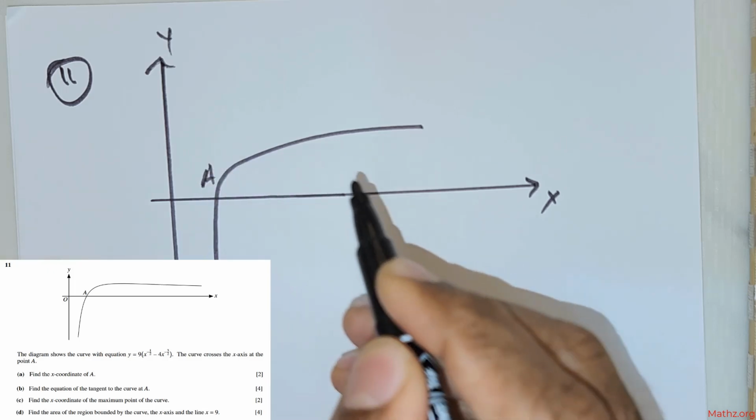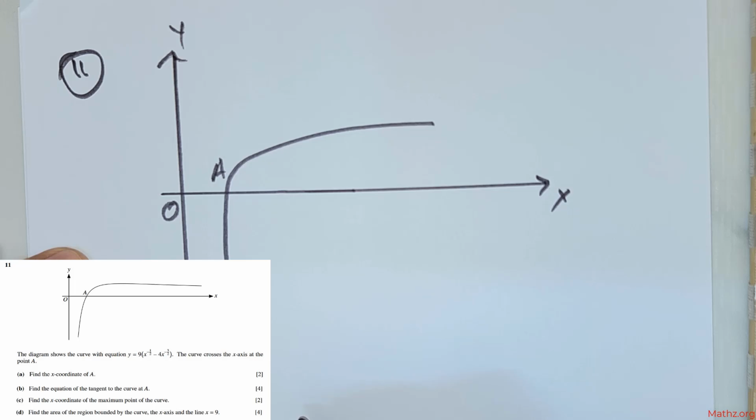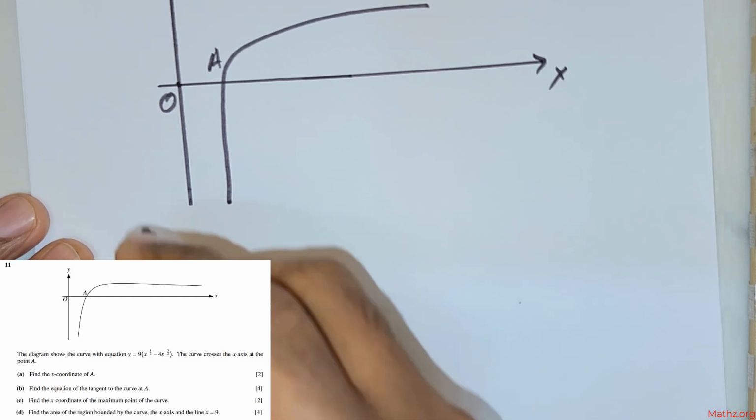So we got a point A, and this is the origin, or 0, 0. Now let me write the question down.